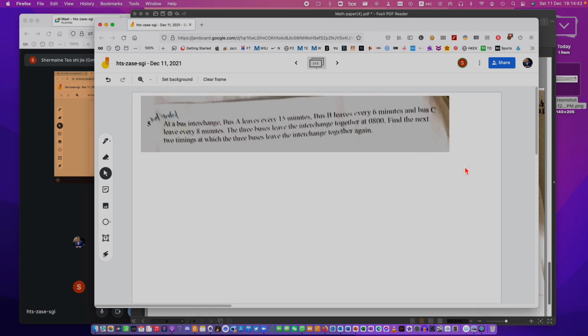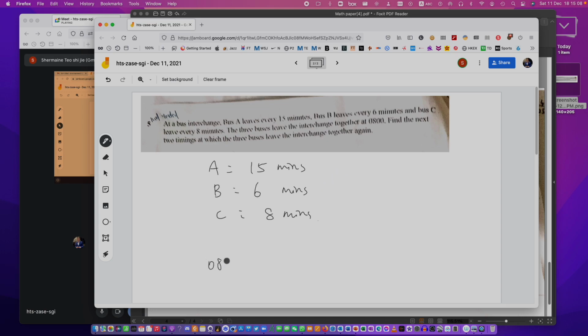So it says at this bus interchange, bus A leaves every 15 minutes, a 15-minute frequency. B is a 6-minute frequency. C is 8 minutes. So the 3 buses leave the interchange together at 8 o'clock.